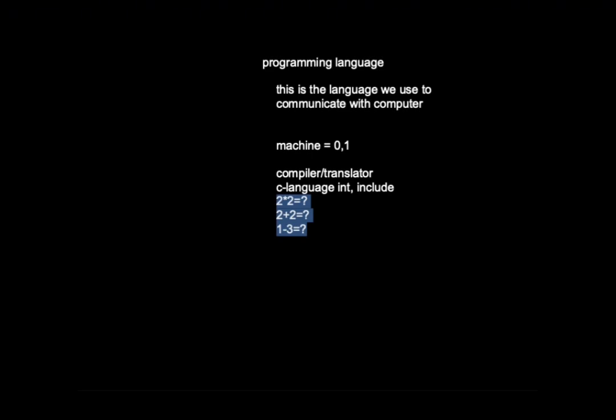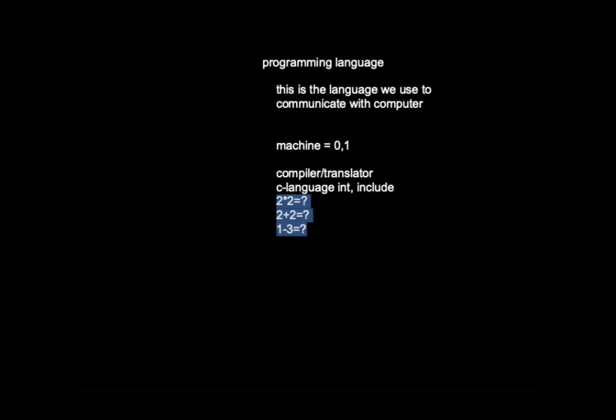What compiler does is take all of this and translate all of it into machine language, which is now going to be executed by the computer, because once the code has been translated into machine language, the computer can understand what we're trying to tell it to do. So that's the work of the compiler: it translates all of them at once.